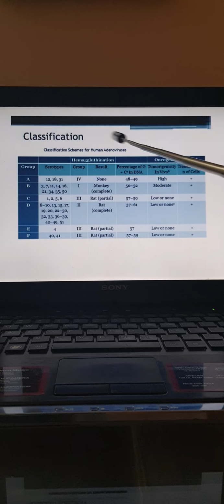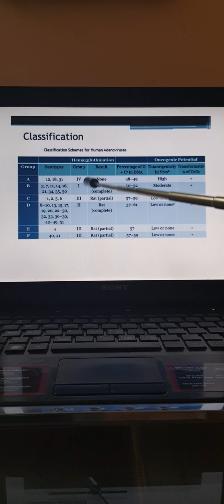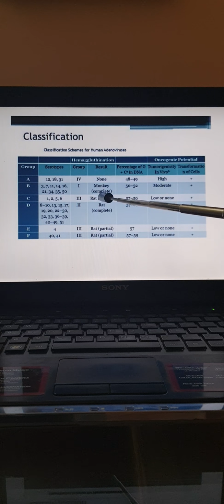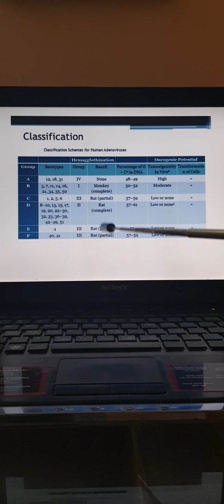Then these groups have been further classified on the basis of hemagglutinating properties, that is, they can agglutinate the RBCs of monkey or rat, with partial or complete agglutination.